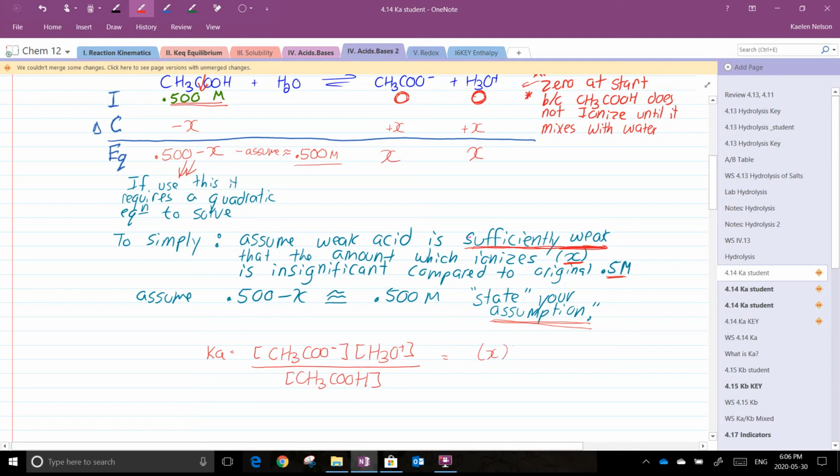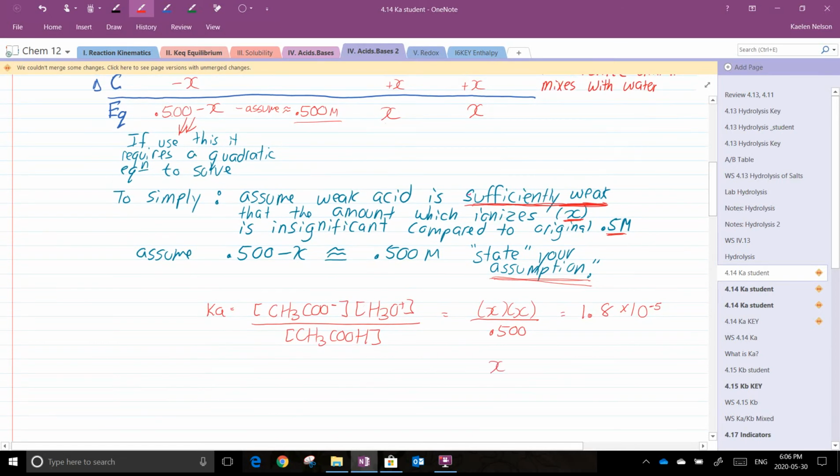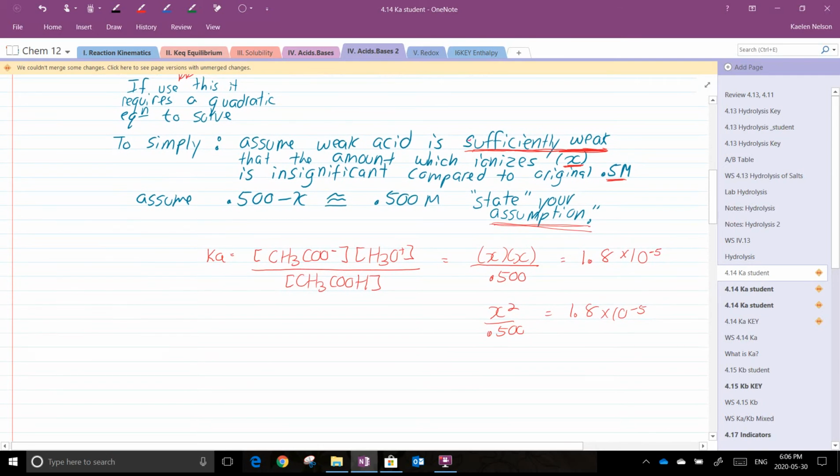This works out to x times x over 0.500, so no quadratic, and it's going to equal the value of Ka given in the question, which was 1.8 times 10 to the minus 5. When you're doing your math, don't forget to take the square root when you're solving for x. So you're going to do 1.8 times 10 to the minus 5 times 0.5, get that number on your calculator, and take the square root.